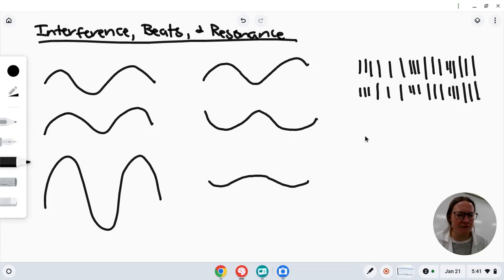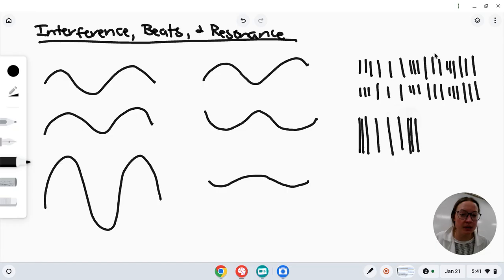If those two waves ended up in the same place at the same time, and this is very, very difficult to draw, what would happen is these two compressions would add together and create an even bigger compression. These two rarefactions would add together and give you an even bigger rarefaction. These two compressions would add together and give you an even bigger compression.